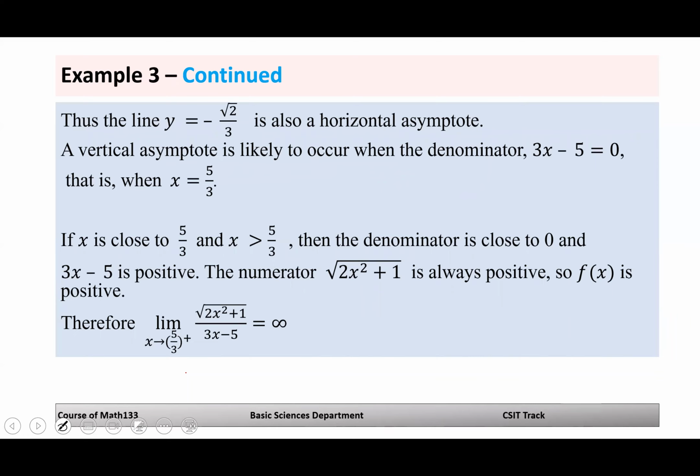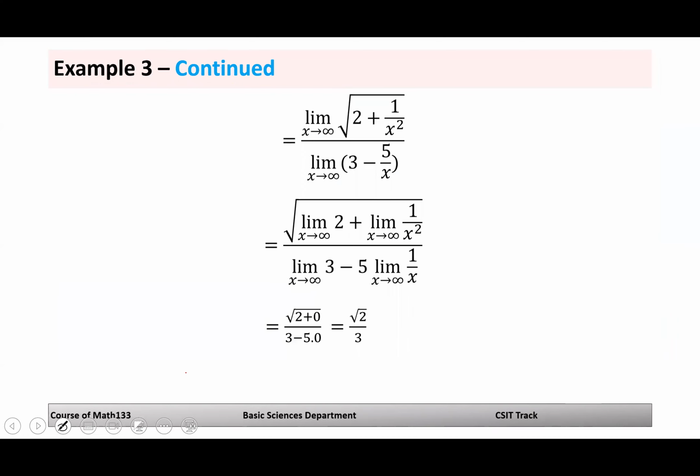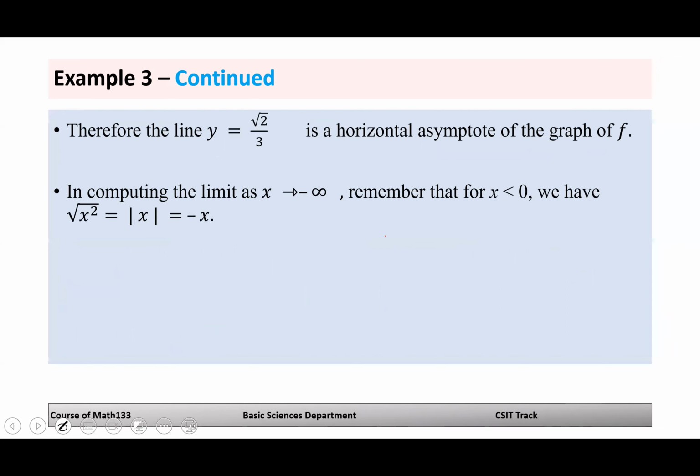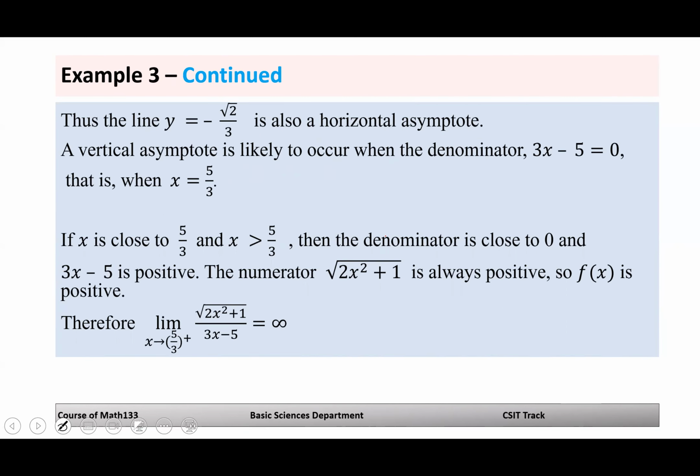If we think about the vertical asymptote for the function that we took here, this function, this one here. Okay, so for vertical asymptote, let me recall something here. What is the vertical asymptote?